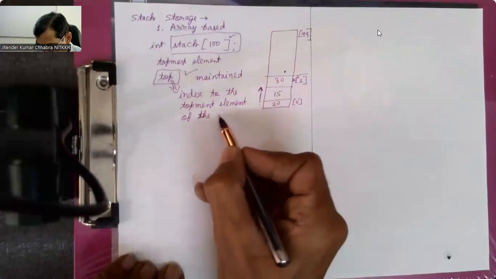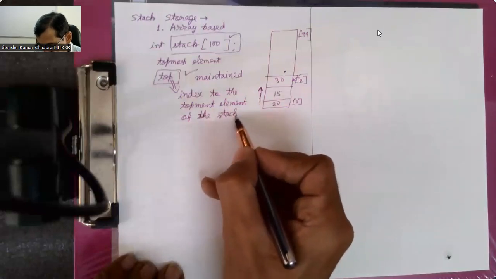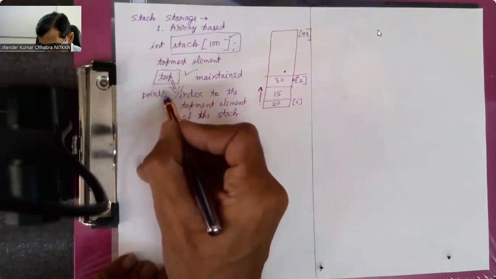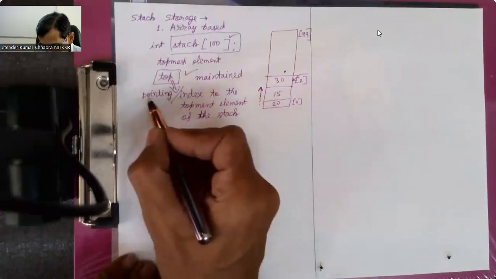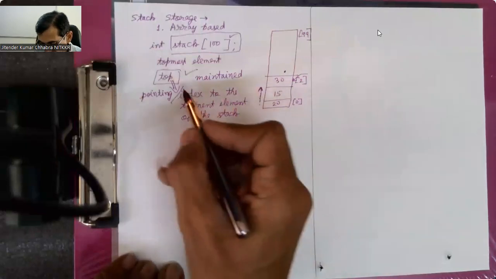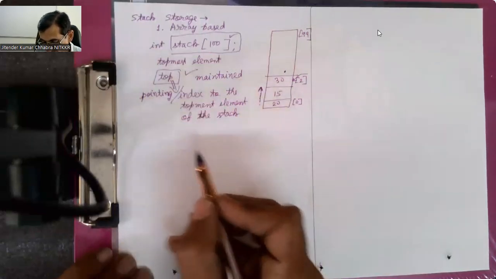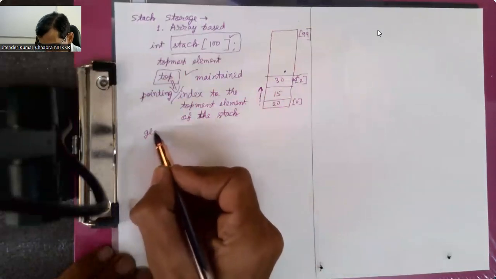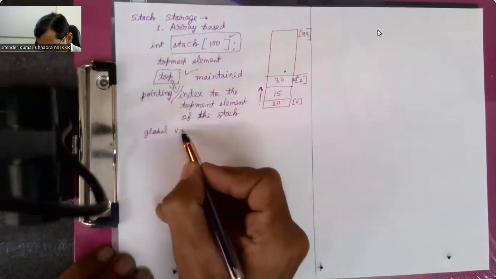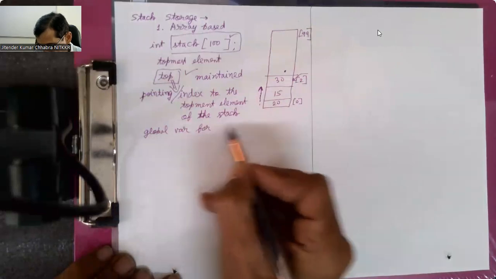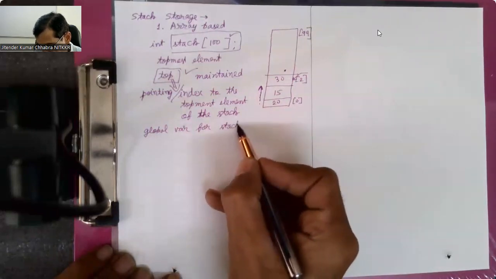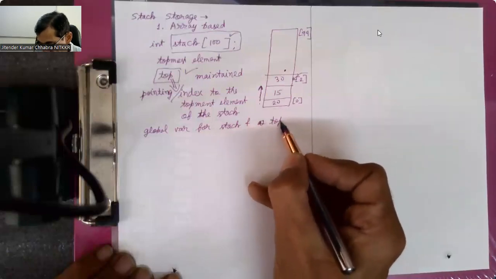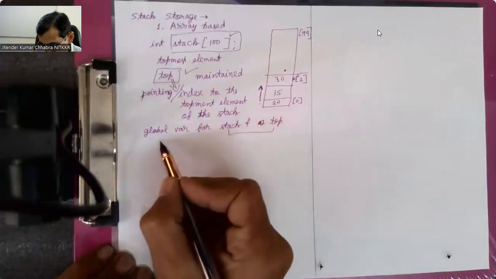In general, I could say it will always be pointing to the topmost element. So this is what top is. For the time being, I will use global variables for the array and top. Later, of course, we will make them parameters. For the time being, I am using them as globals.